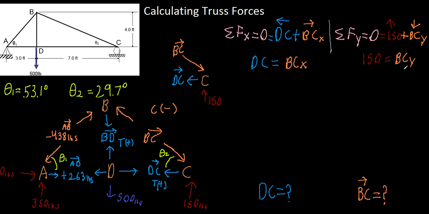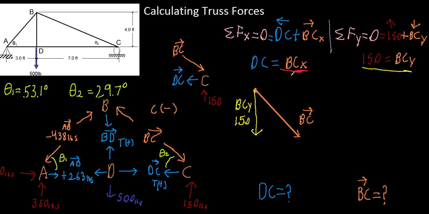So with this, knowing that BCY equals 150, we know everything we need to know to solve for DC and BC. I'm going to go ahead and draw vector BC here. And I'm going to give it its y component as well, which is 150 downward. So BC in the y direction is 150.